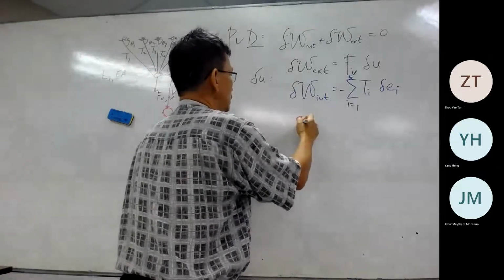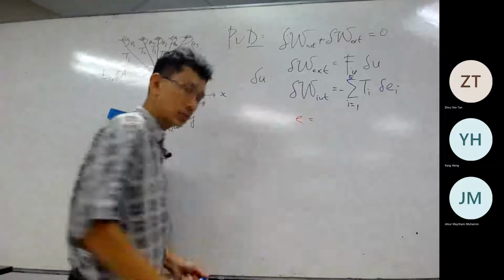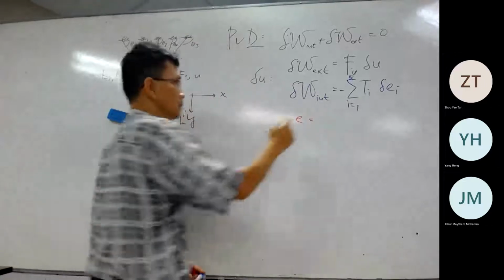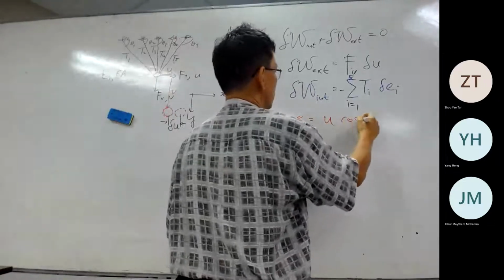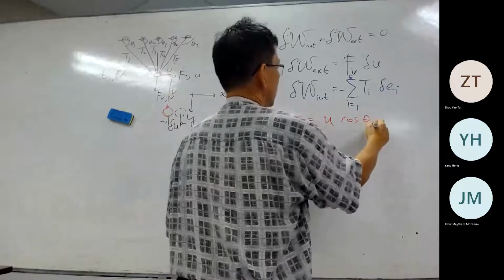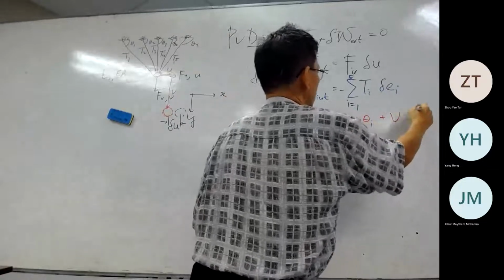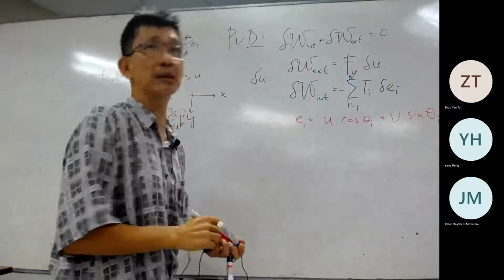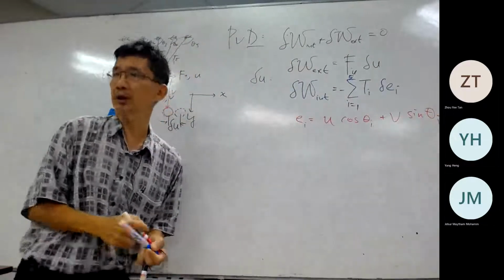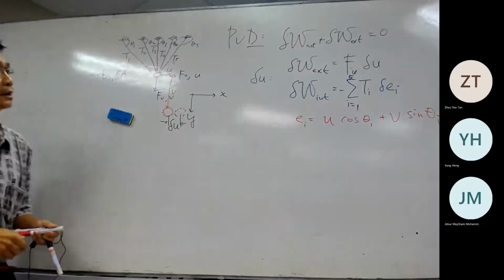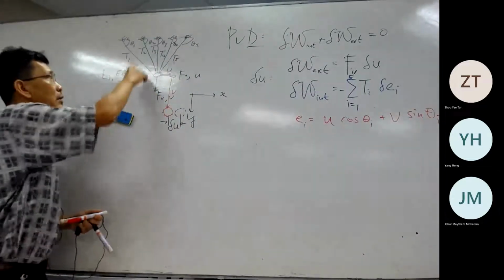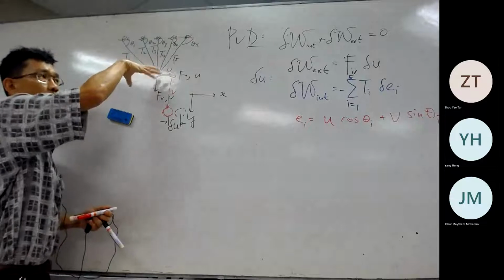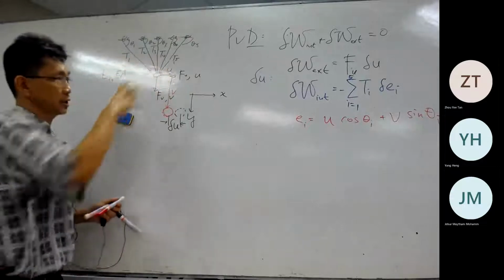So e is equal to u cos theta i plus v sine theta i. These are the compatibility conditions that we derived, to make sure that all these members, when you come here, stay together.